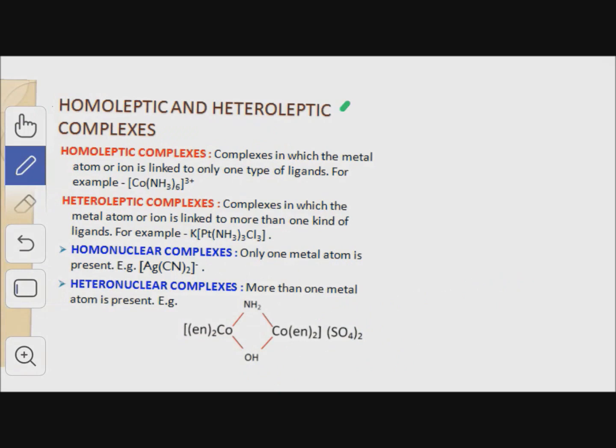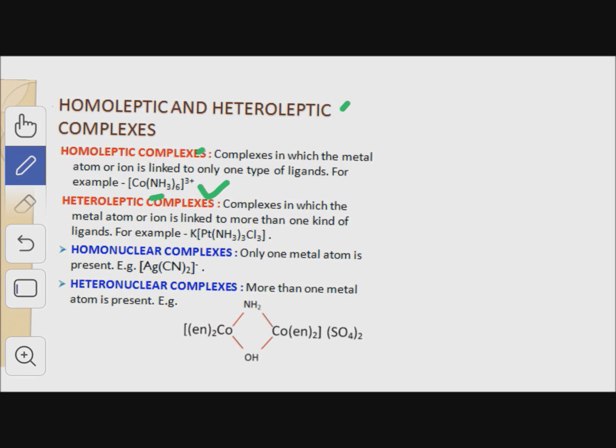Next are homoleptic and heteroleptic complexes. Homoleptic complexes are those complexes in which a metal atom is linked to only one type of ligands. For example, in this coordination complex, there are 6 NH3 ligands attached to the cobalt central metal ion.